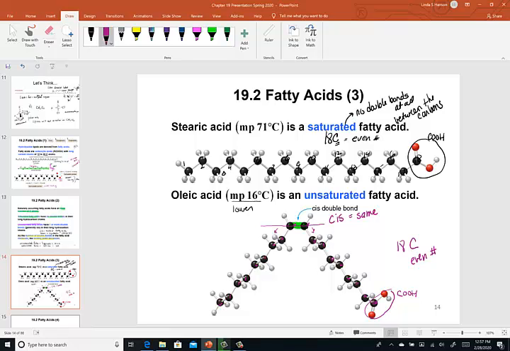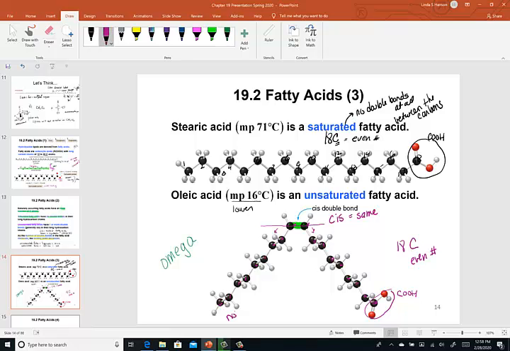There is another way you might hear people refer to these fatty acids as well, and it's in terms of omega. When we talk about omega, we're referring to the number of the carbon that I first hit when I'm counting to the double bond.